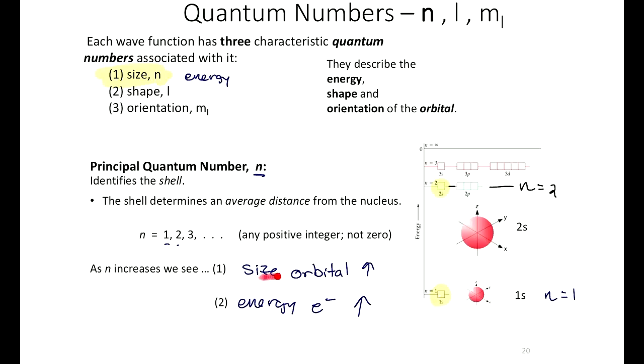So our orbital increases as n increases, so like a larger space for the electron to hang out. Also, the energy increases, all right? So yeah, that n principal quantum number relates to size and energy. And those are whole numbers. They start at 1. So n equals 1, 2, 3, 4, etc. So that's the first quantum number that we can have for an electron.